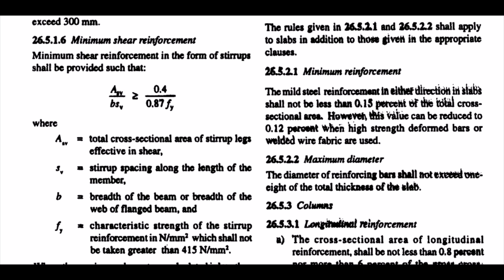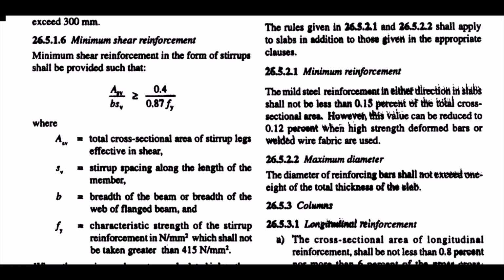However, the value can be reduced to 0.12% when high strain deformed bars or welded wire fabric are used. In this case, we are using HYSD bars. So the second value 0.12% of cross sectional area will be used.